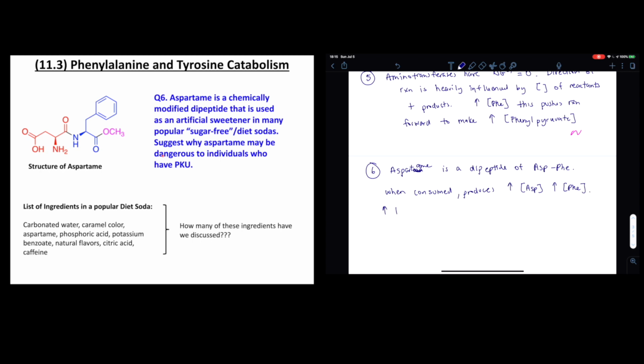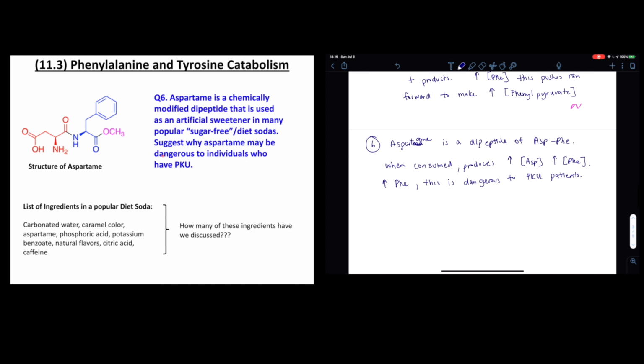And remember that if you have an increase in phenylalanine, this is dangerous to the PKU patients, the phenylketonuria patients, okay? So that's why it's dangerous, and they have to write that aspartame contains phenylalanine on their ingredients package.